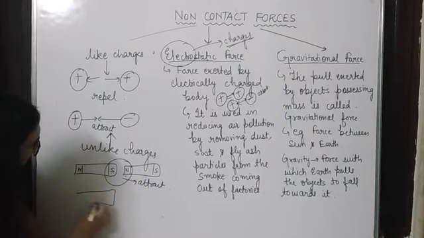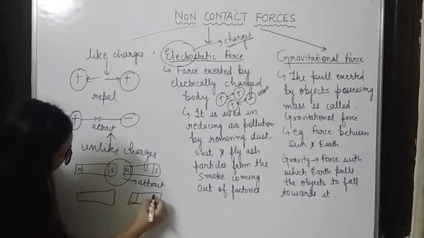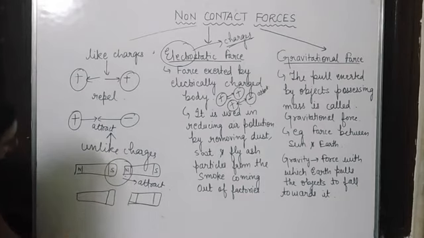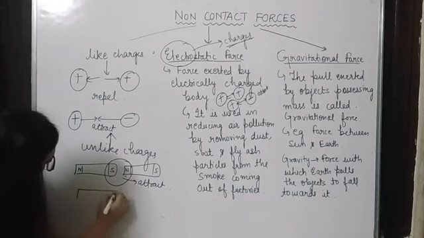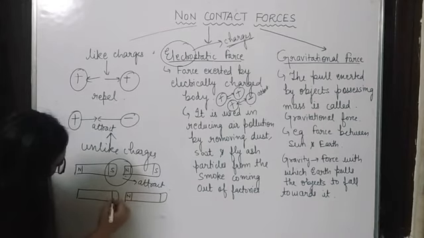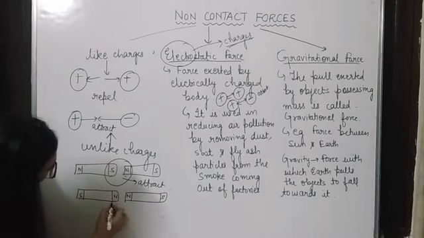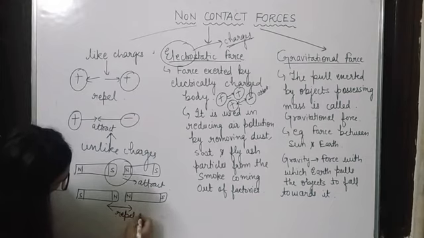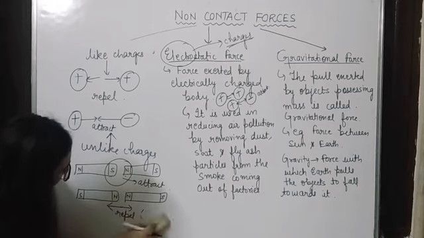And again, if you have these two magnets, and this is your north pole, and again this is your north pole, and this is your south pole, and this is your south pole, so these two are going to repel. Why repel? Because these are like poles.